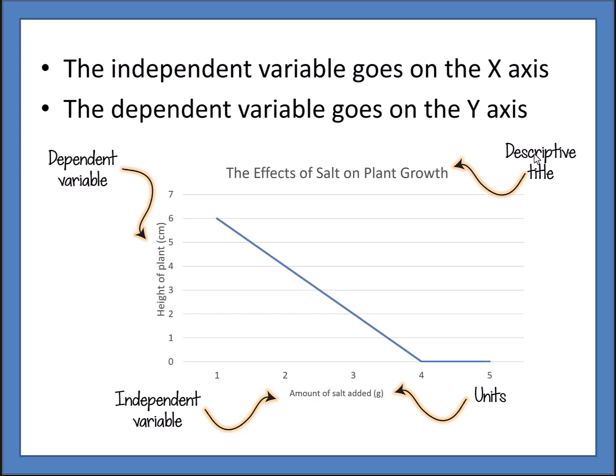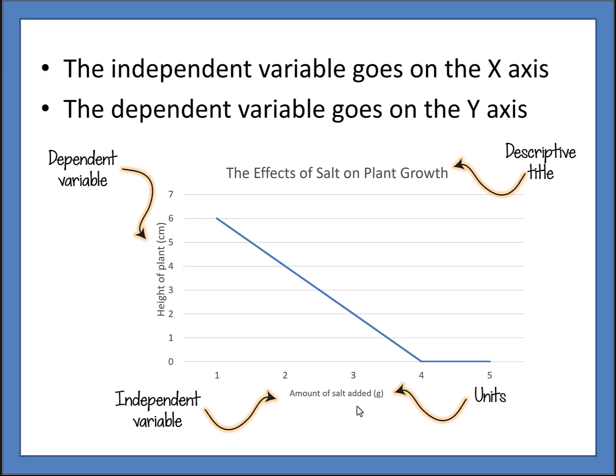So if we're looking at our graph here, let's say we were analyzing the effects of salt on plant growth and we were collecting quantitative data by the height of the plant, measuring the height of the plant after we added a specific amount of salt. We're going to have a dependent variable on the y-axis, our independent variable, which is the amount of salt we added.